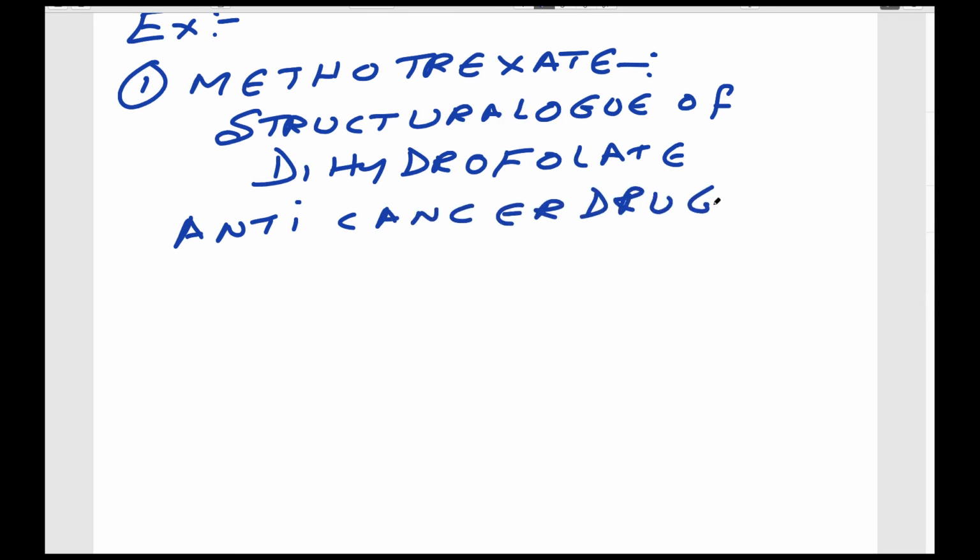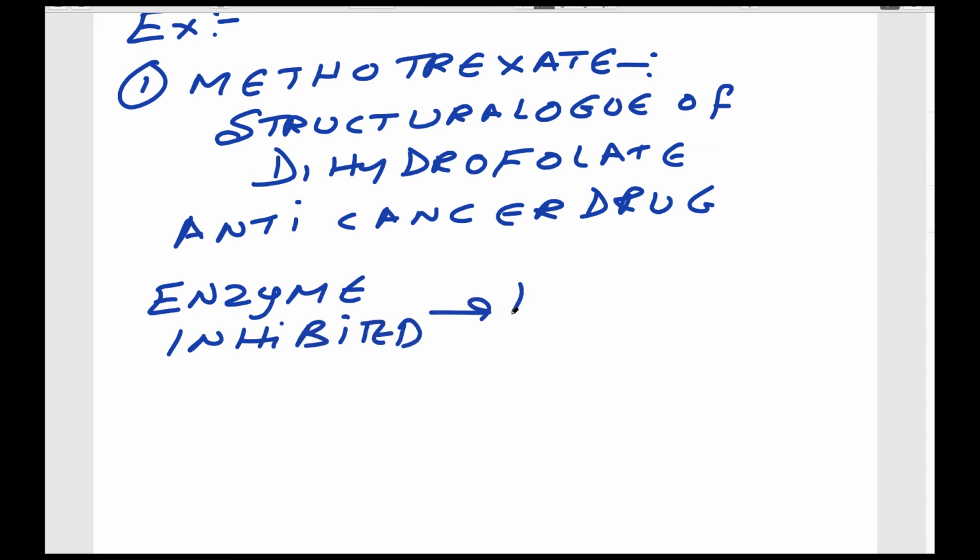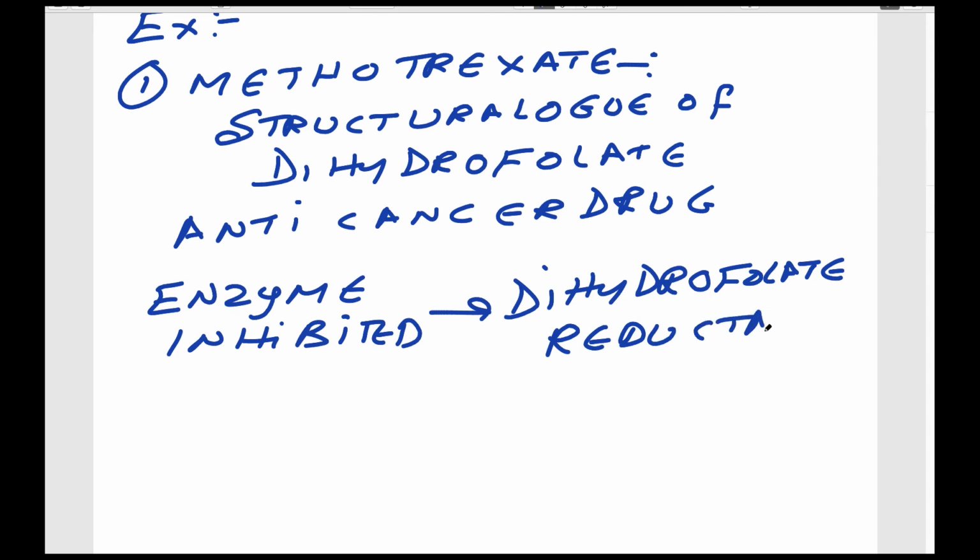Which enzyme is inhibited here? The enzyme inhibited is dihydrofolate reductase. It makes the active form of folate.